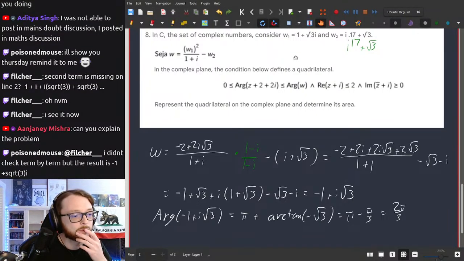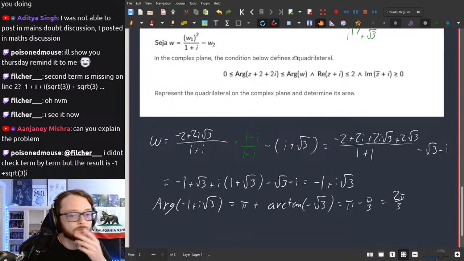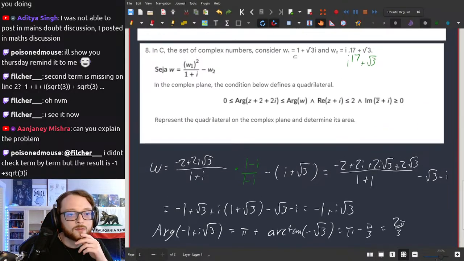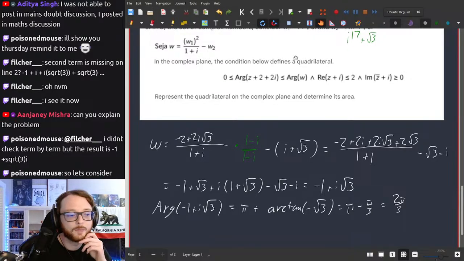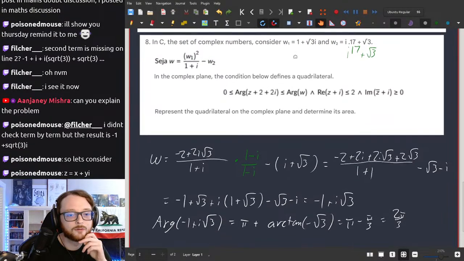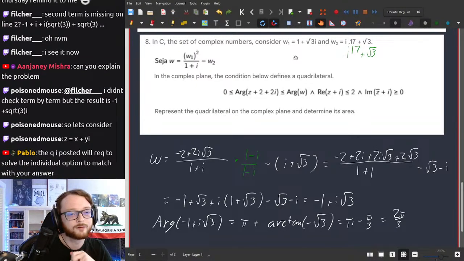Sounds good, filter. Consider z equals x plus iy. Jenny, I'm still trying to figure out what the question is asking, to be honest.